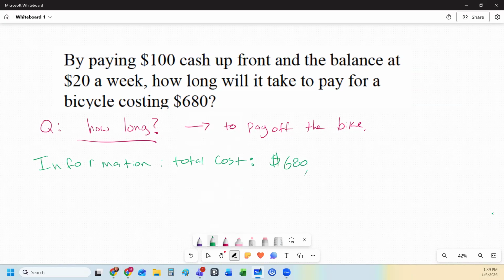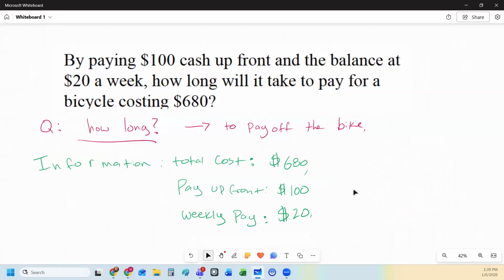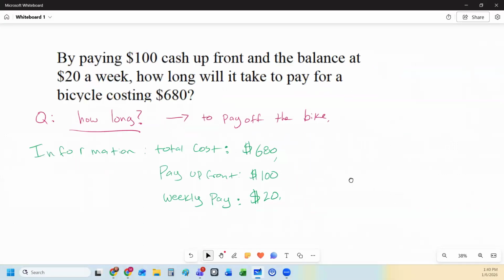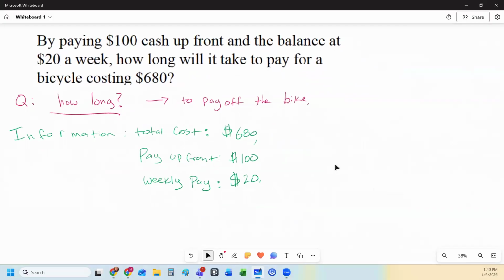I'm going to pay up front $100, and then I'll make weekly payments of $20. So I need to create some sort of plan. I need to create an equation that describes this.